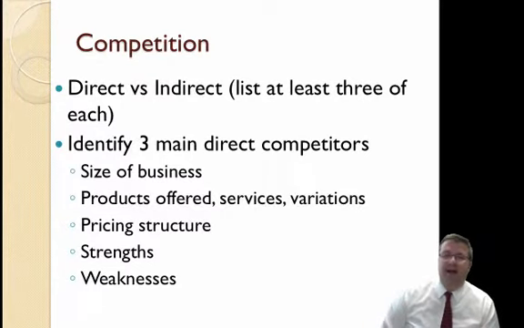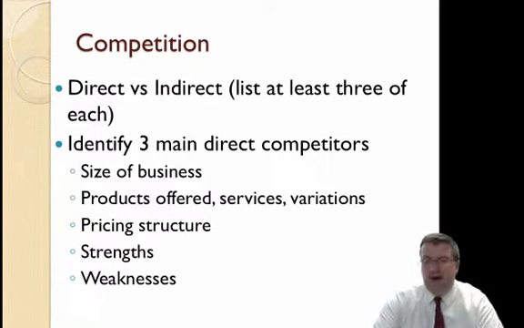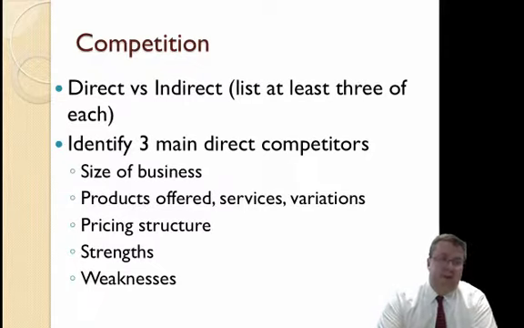Now, you might have a sit-down restaurant that serves restaurant bar food, and you're going to have hamburgers and cheeseburgers and nachos, those type of items. Now, is McDonald's a direct competitor? Probably not.